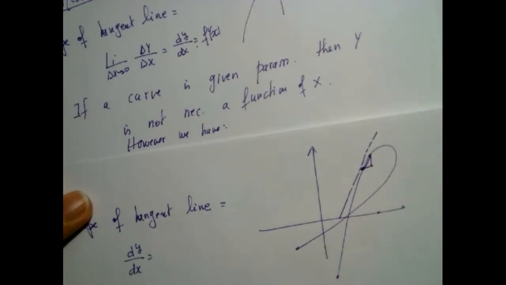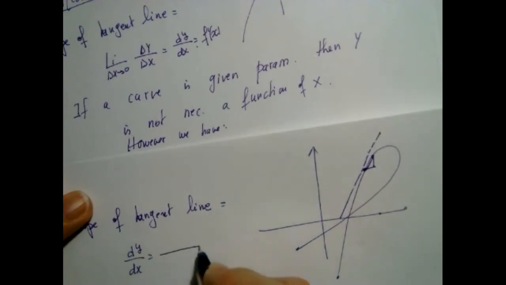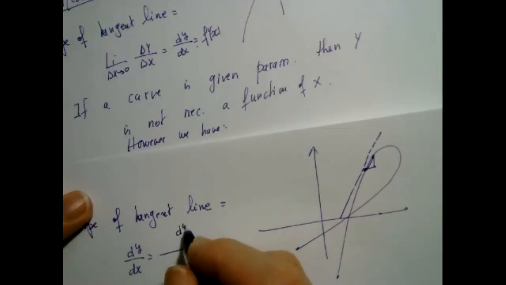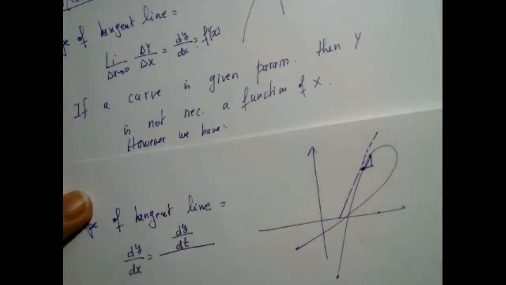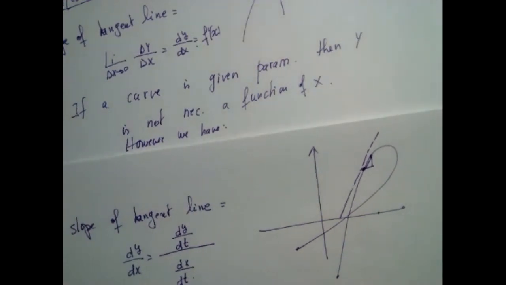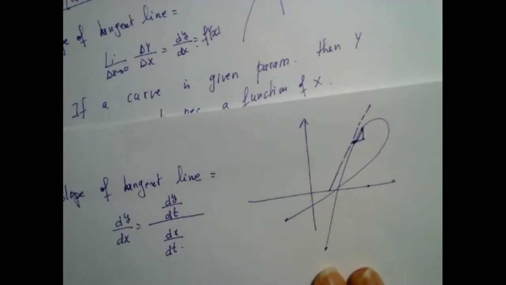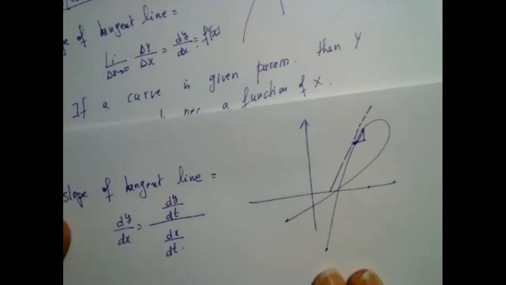But the idea now is that I don't have one formula for y as a function of x. So we go by the following formula: dy/dx equals dy/dt, the derivative of y with respect to t, divided by dx/dt. I don't have y as a function of x, I have y and x as functions of a parameter t.